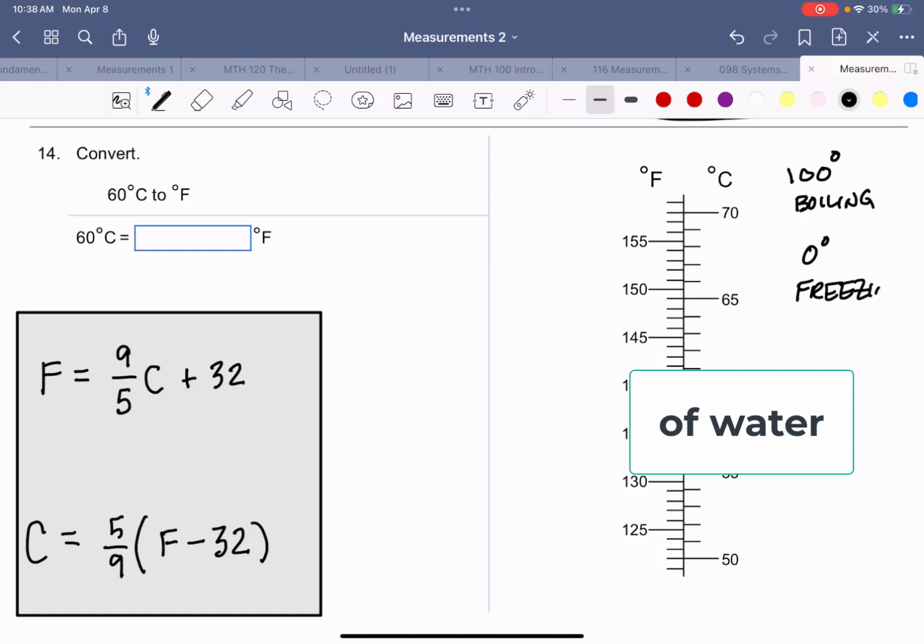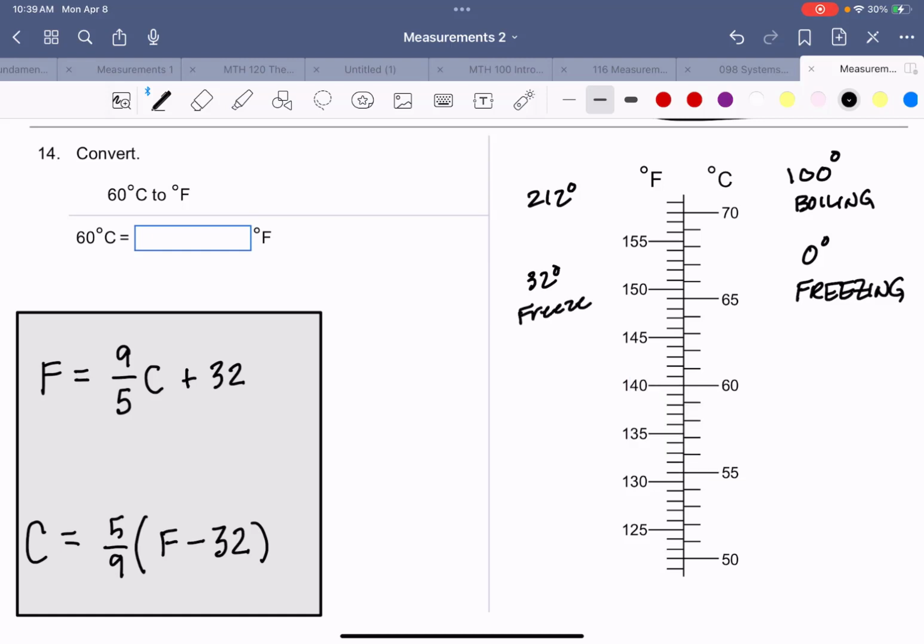So those numbers are pretty easy to remember. In Fahrenheit, it's 212 degrees to boil and 32 degrees to freeze. So in many ways, the Celsius scale is a lot easier to understand. 0 is freezing, 100 is boiling.